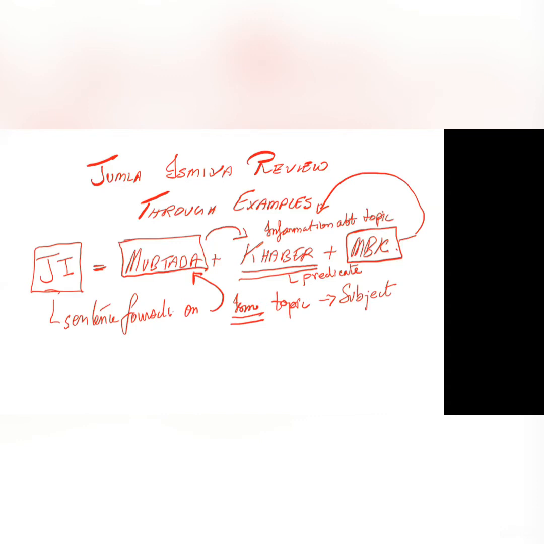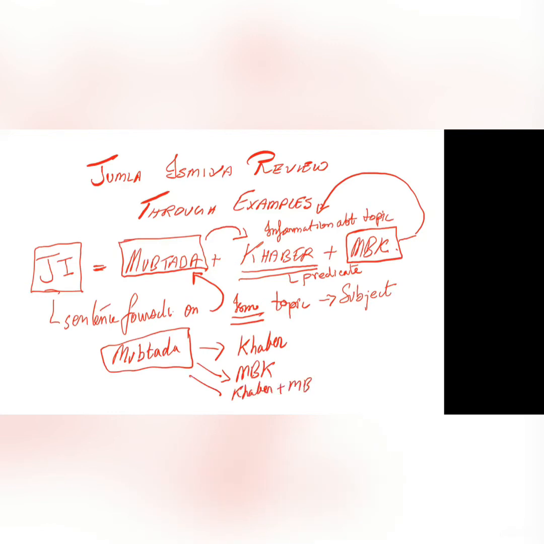But what happens is that Mubtada is essential, right? You have to have Mubtada, but either you have Khabar or you have MBK, or you have both Khabar and MBK. All these combinations are possible, and we'll do all the combinations, inshallah, in the practice.